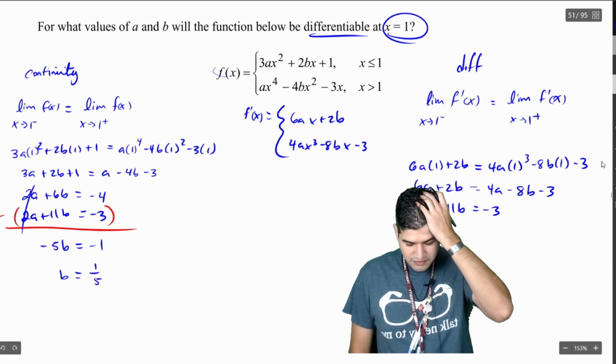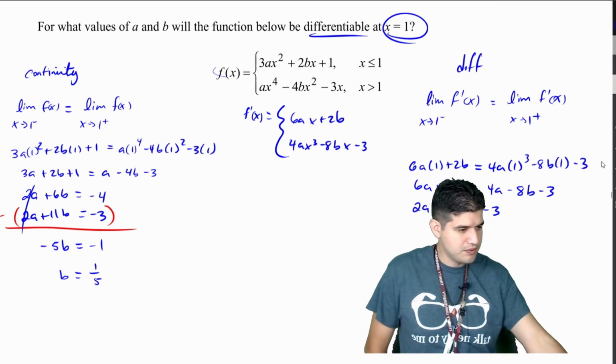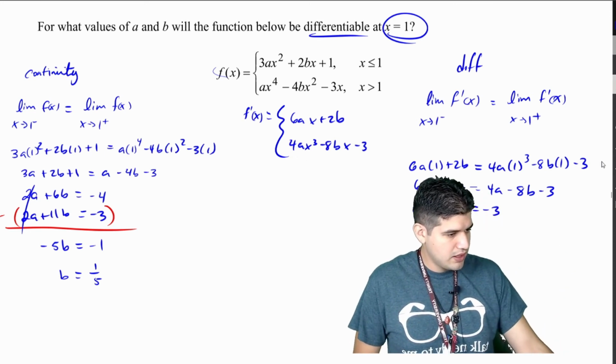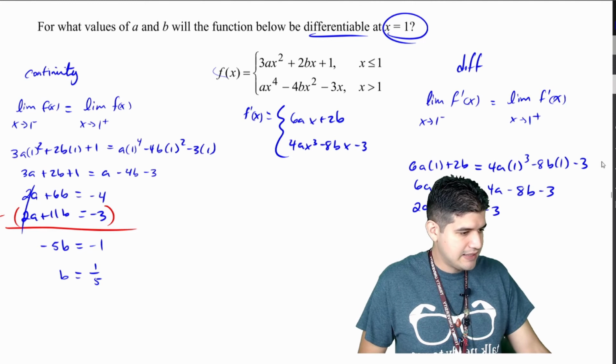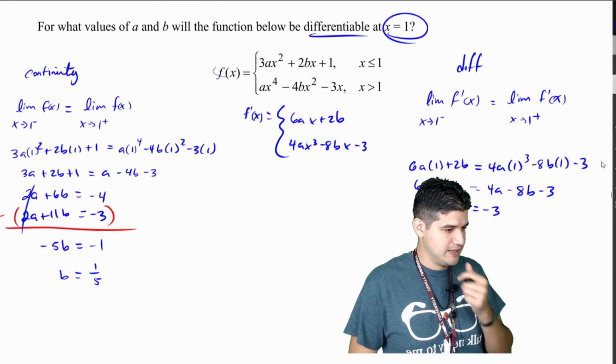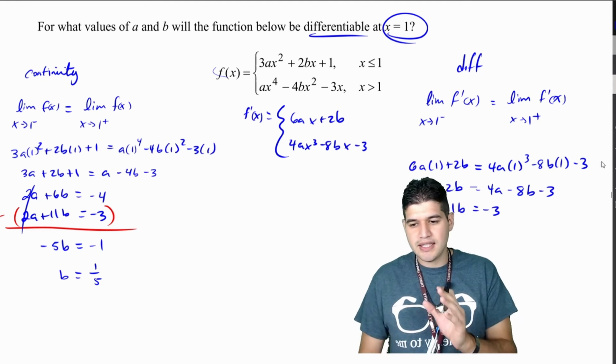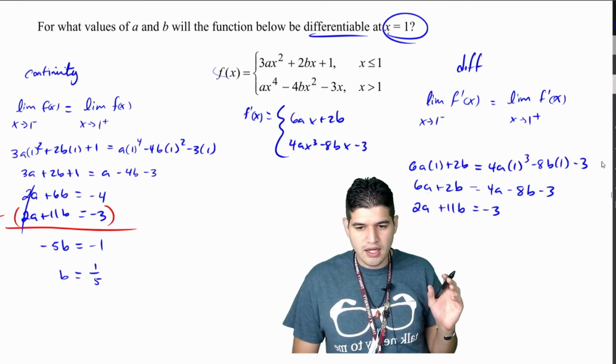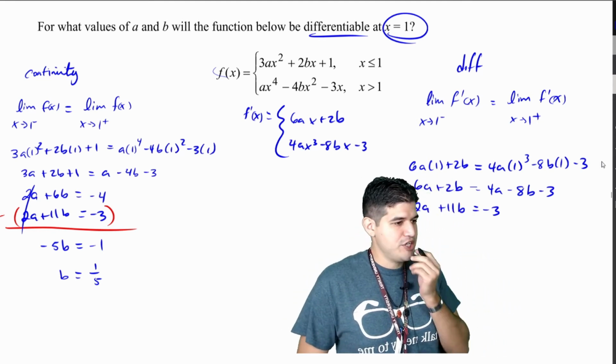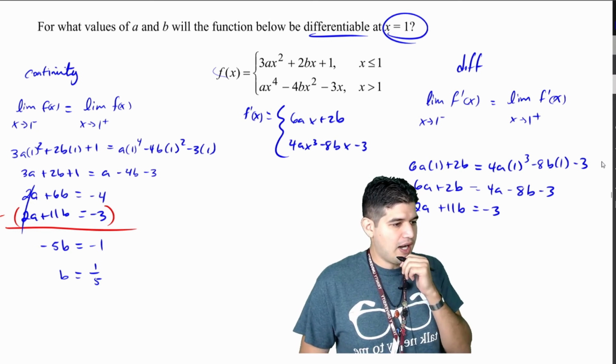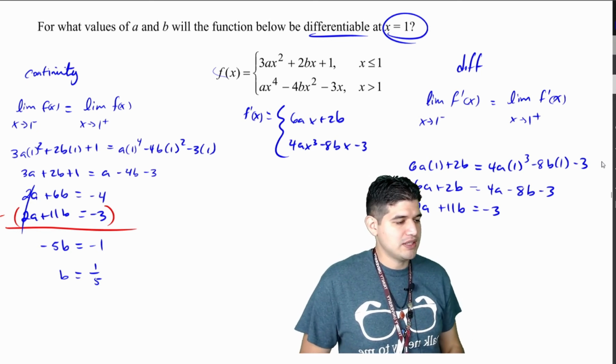Now that I'm looking at some of my work, I think I might have made a mistake somewhere. I did make a mistake. If you've caught this mistake as I'm going through it, it's right up here. I checked my notes and noticed that I made a small arithmetic error.